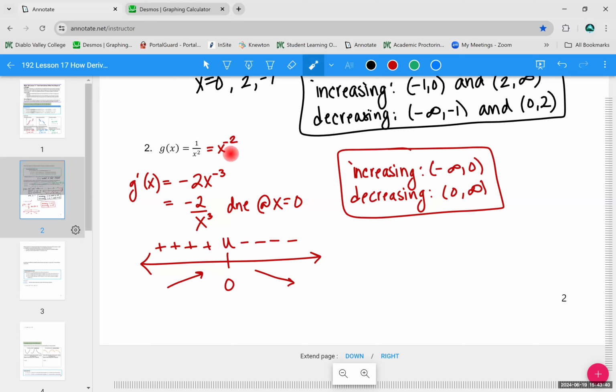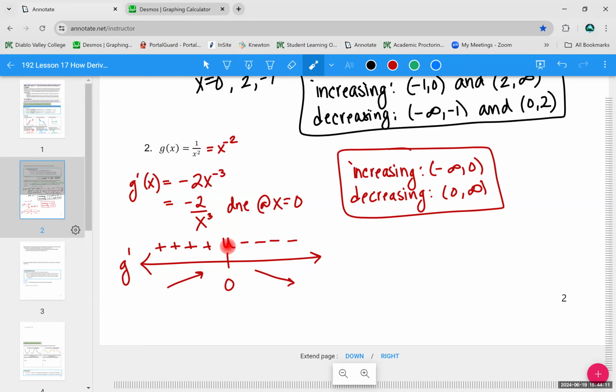So I rewrote this function as x to the -2, took the derivative and wrote it as -2 over x to the 3rd. Now this is never going to equal 0 because the numerator is never 0, but it definitely does not exist when x equals 0, the denominator. So when I went to draw my g prime sign chart, I put this 0 where it doesn't exist at the bottom, but I put a u over it instead of a 0 because this is not where g prime equals 0.